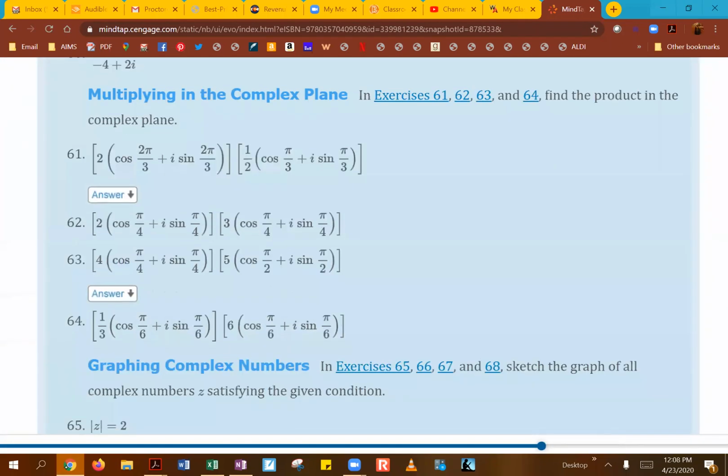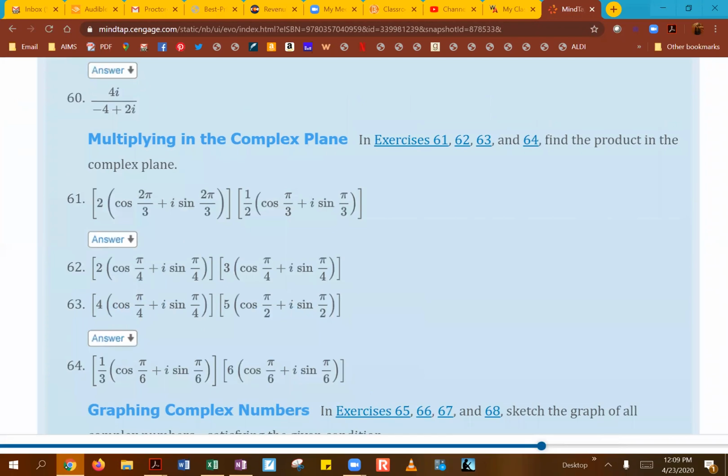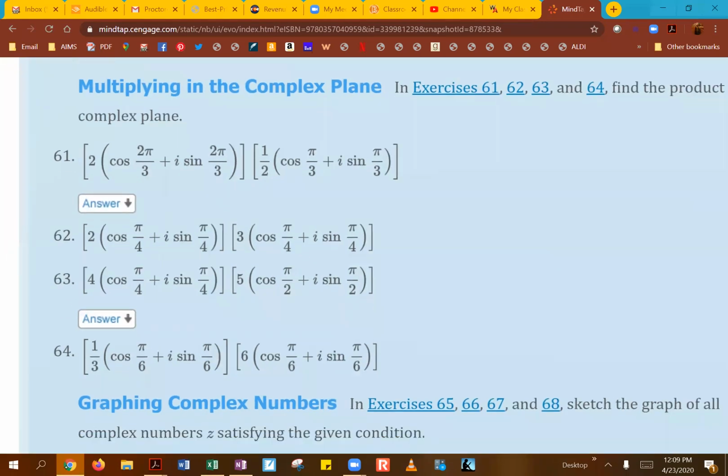So we've got just one more example here, and this one is find the product in the complex plane. So this is where we need to do this. You can do it simply just the way we did our product rule right now, but I also want to see the vector geometric representation of this also.